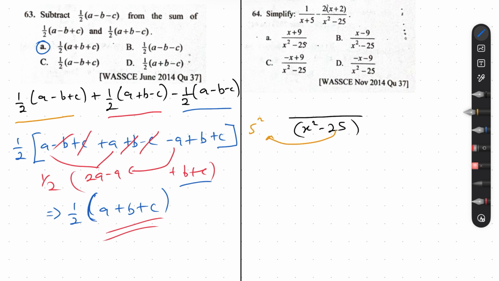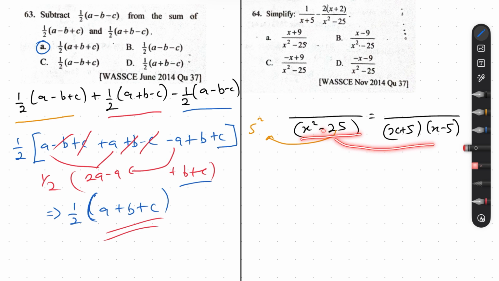So x squared minus 5 squared is a difference of 2 squares, right? Okay, so let's write that at once. So we have x plus 5, x minus 5. This whole expression is the same as this.